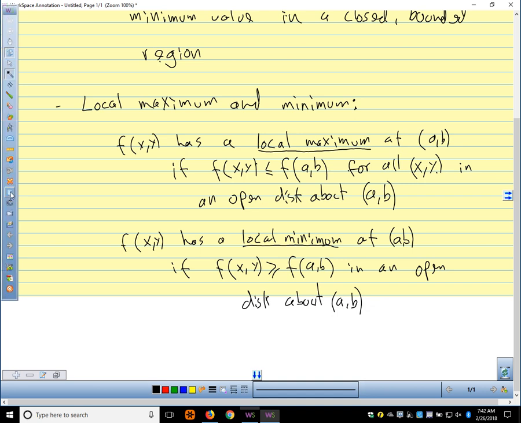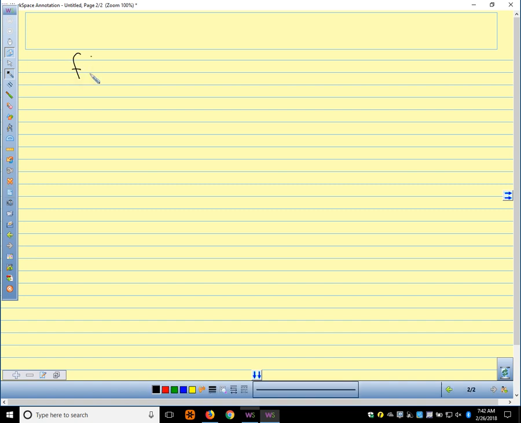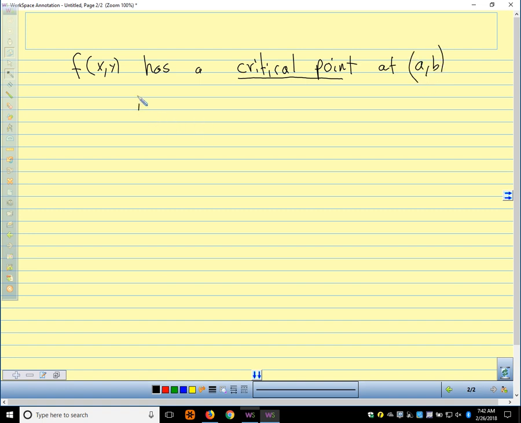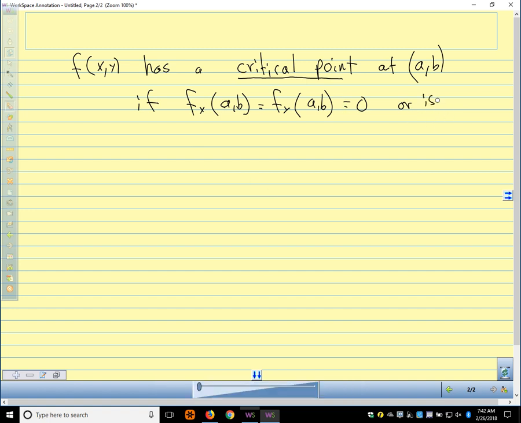Well, let's talk about how we find them. f of x, y has a critical point, and we've kind of built this up, at some place (a, b) if the partial derivative with respect to x at that point equals the partial derivative with respect to y, and they both equal 0, or if one or the other does not exist.